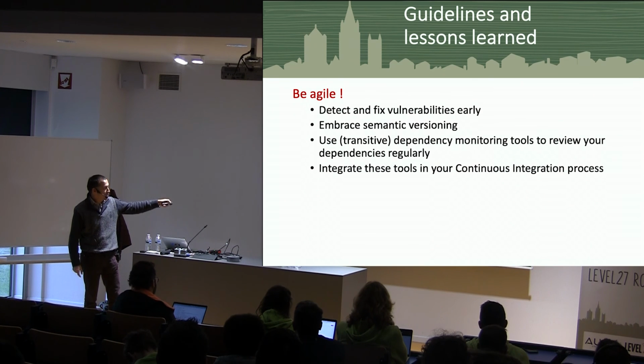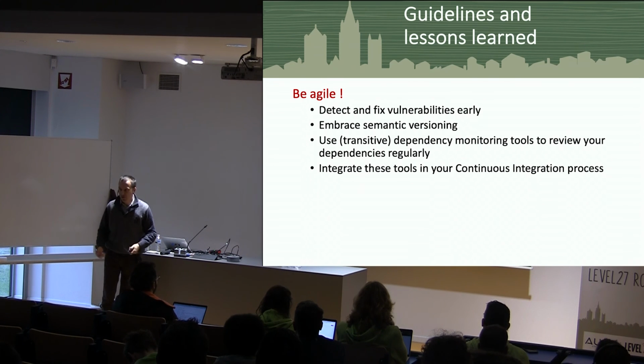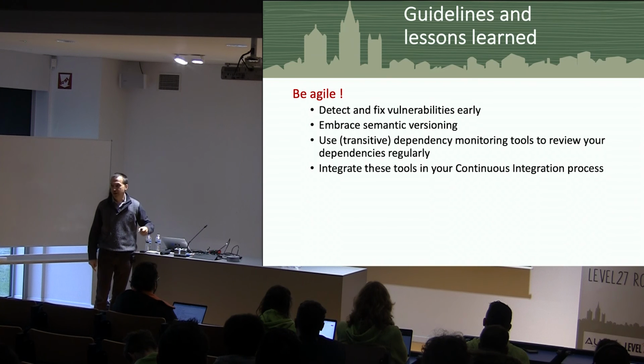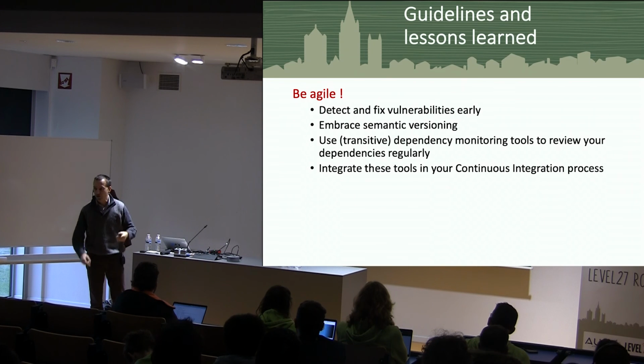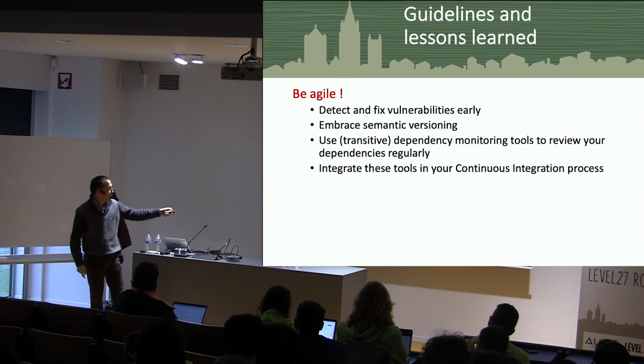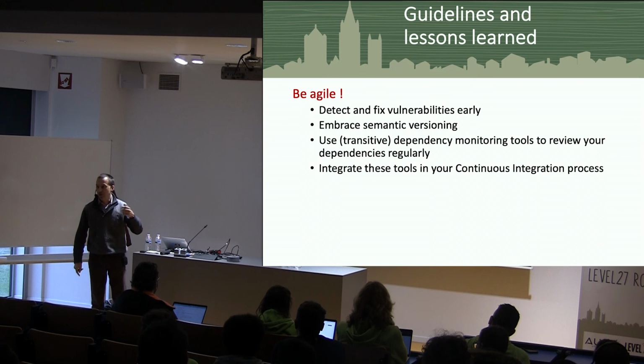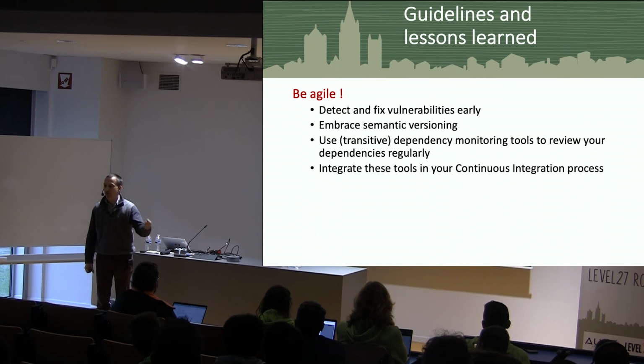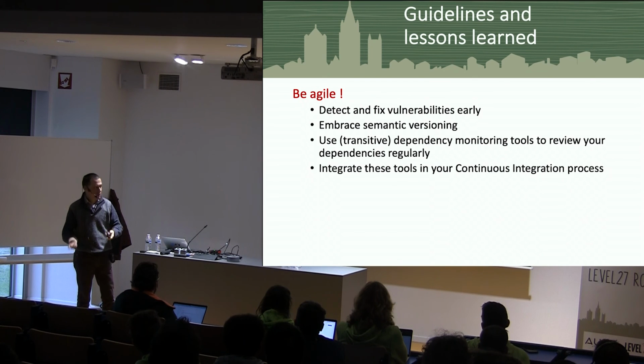And use dependency monitoring tools and quality analysis tools to help you whenever you develop your code. Put all of this in a continuous integration process, so whenever you do changes, you will automatically be informed. Many of these monitoring tools will also do push messages. Whenever there is a problem, they will inform you, even if you don't have a new version available, so that you are aware of the vulnerability.